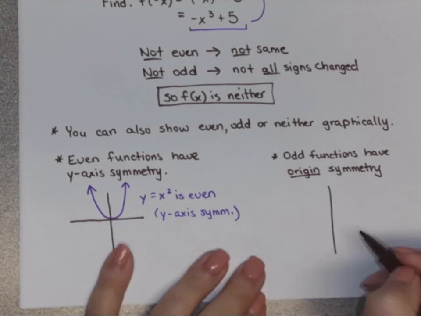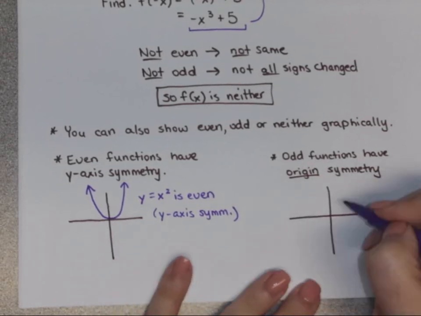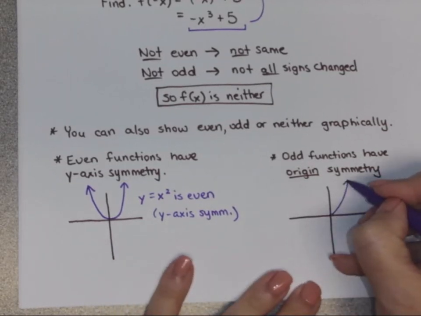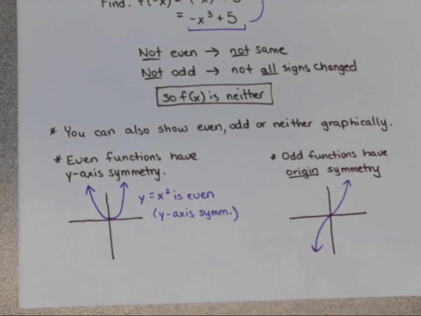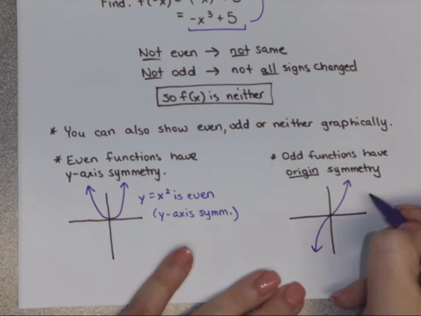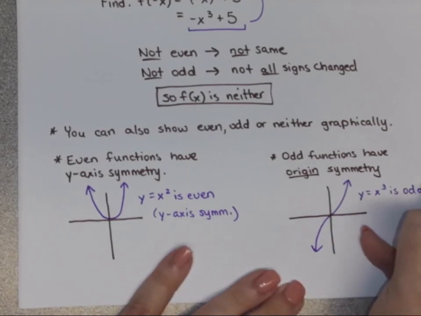So let me give you a function that is odd, and we'll talk about what origin symmetry looks like. X cubed equations look like this. They curve up one way and down the other. So this is the graph of y equals x cubed, and it is odd.